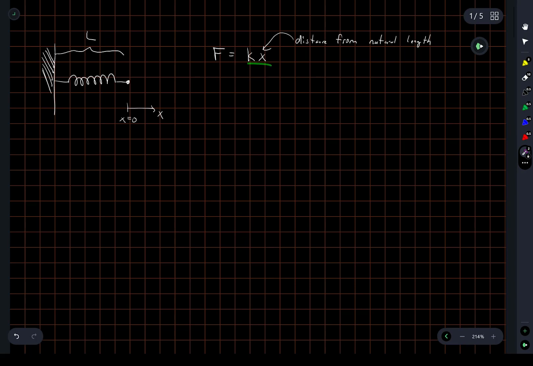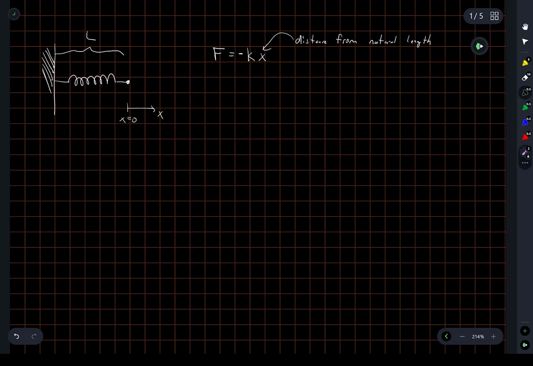So this is the force which the spring is exerting on this point, depending on how far stretched it is away from x equals 0. I suppose if we want directions to be consistent here, then I should have a negative sign in front of k.